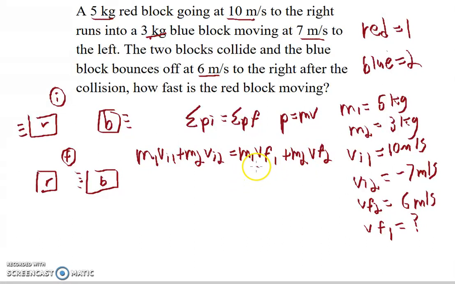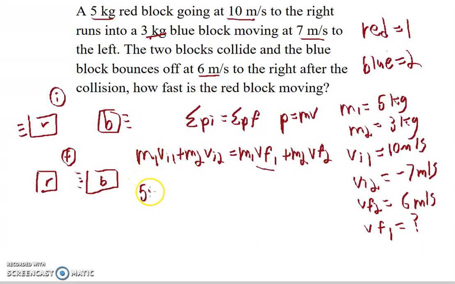We're looking for this right here, the final velocity of the red, v_f1. So basically, it looks like a lot, but it's really just adding up all the masses and velocities of each object. From here, you really just have to plug in all these numbers.